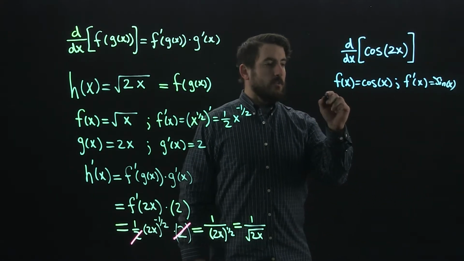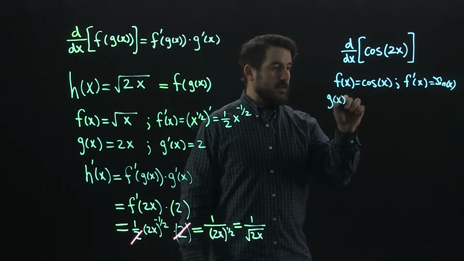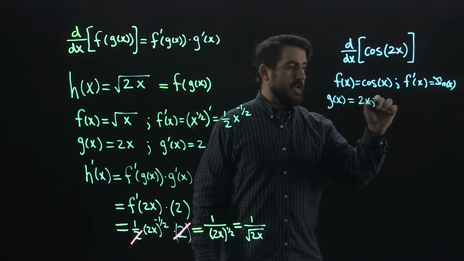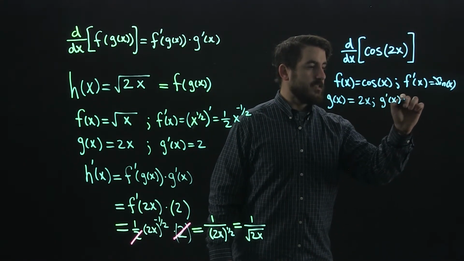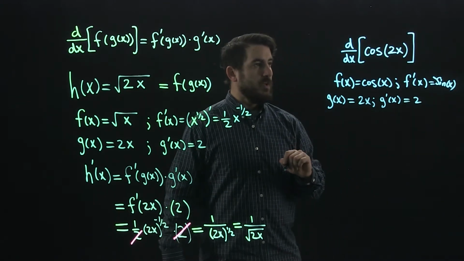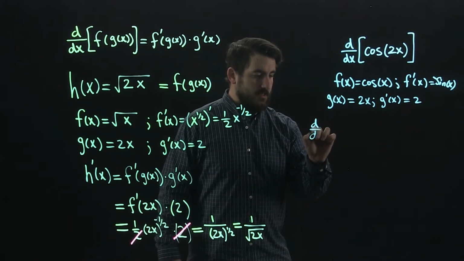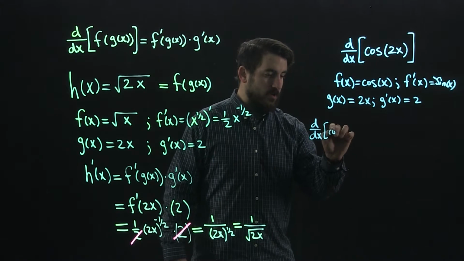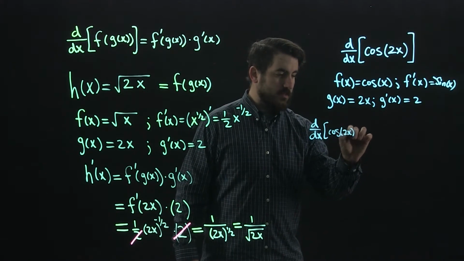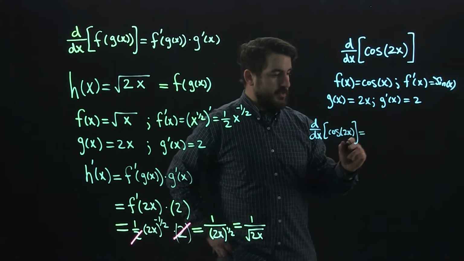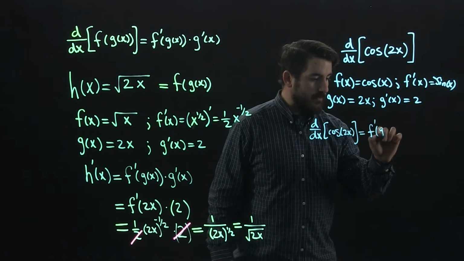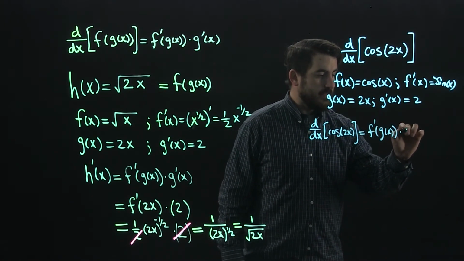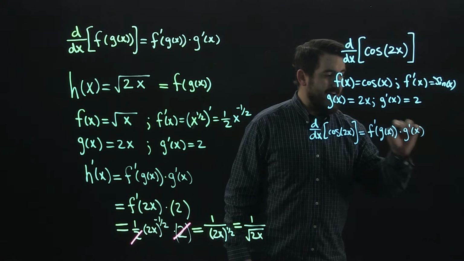And we'll let g of x equal 2x, so that means g prime of x equals 2. So d dx of cosine of 2x equals f prime of g of x times g prime of x.